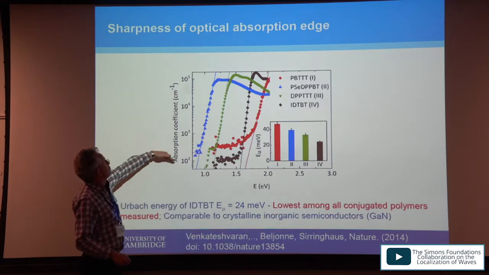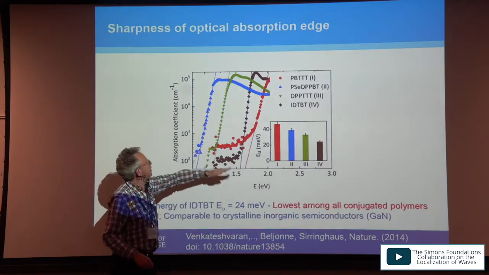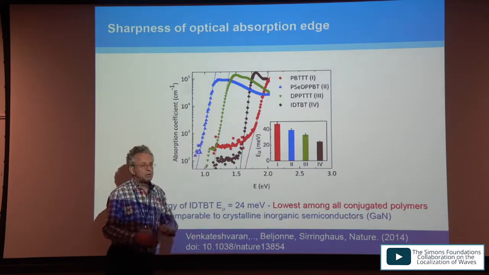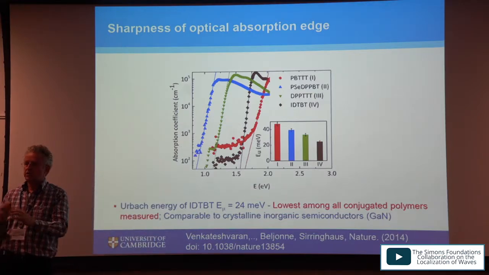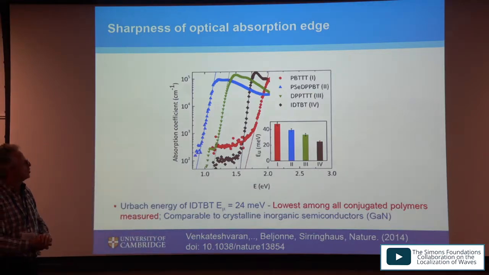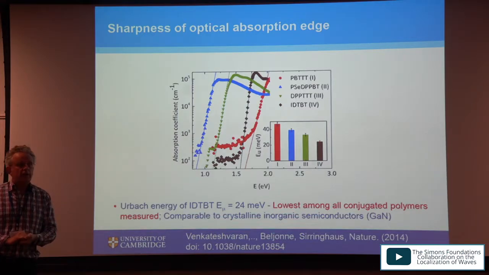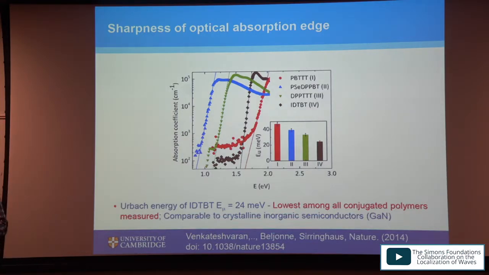This is a plot of absorption coefficient versus photon energy. The logarithmic slope is a measure of just how disorder is broadening out the absorption edge. And this is a plot of some relatively well-ordered organics, which do give these mobilities that require some level of wave-like propagation.